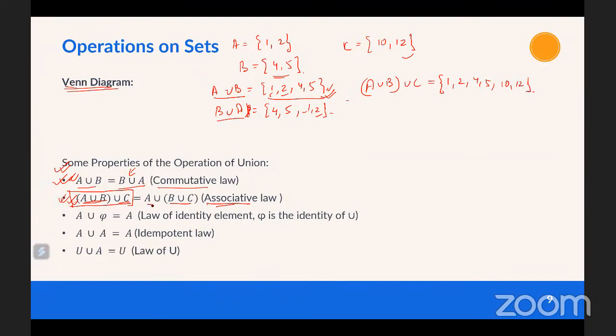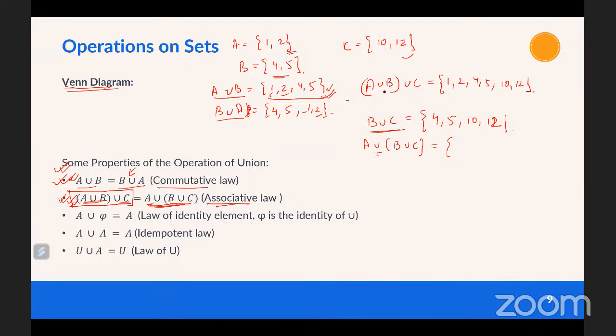Now the right hand side of the expression says you have to perform B union C first. So B union C will contain the elements 4, 5, 10 and 12. Now to this you have to union A. So now you will get A union B union C. So this is the set B union C. To this you have the set A and you have to perform this union operation.